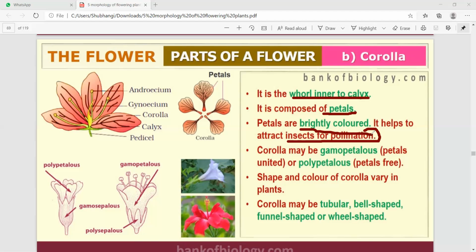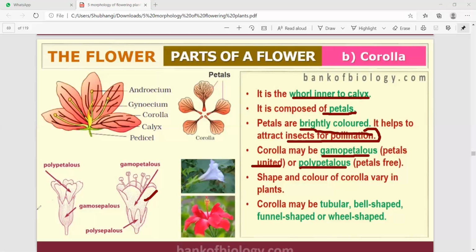In case of the corolla, when I talk about petals, again we have two conditions. If the petals are united, it forms a funnel shaped structure. Can you see here? This is forming a funnel shaped structure. This is called gamopetalous. And if the petals are free, that is called polypetalous. So that is the two conditions.